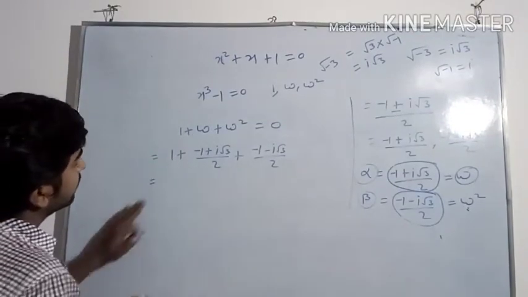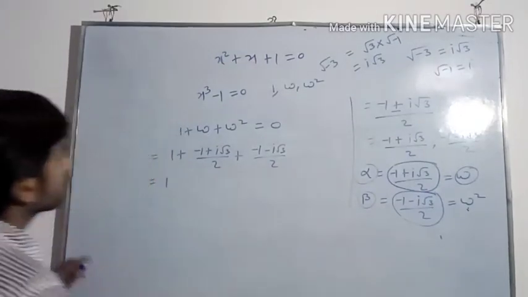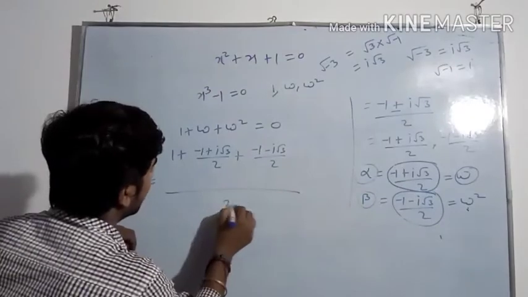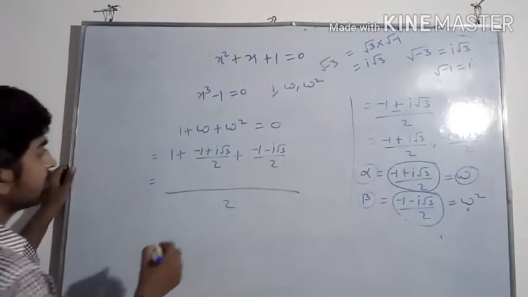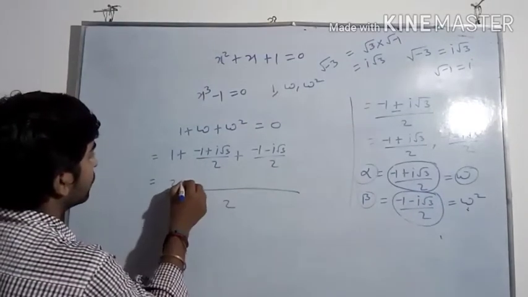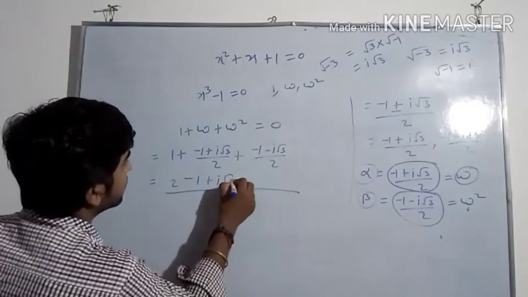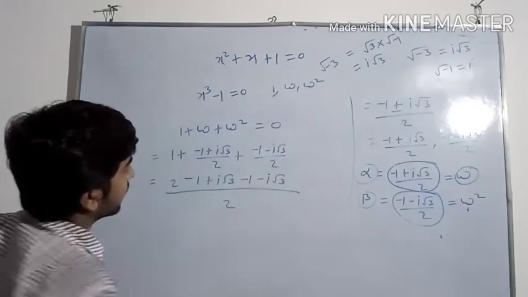We can write 1. Let us take LCM 2 and then we can solve. This is 2 minus 1 plus I under root 3 minus 1 minus I under root 3.